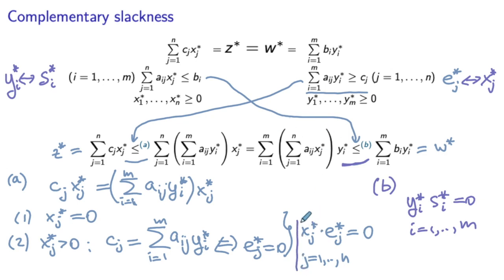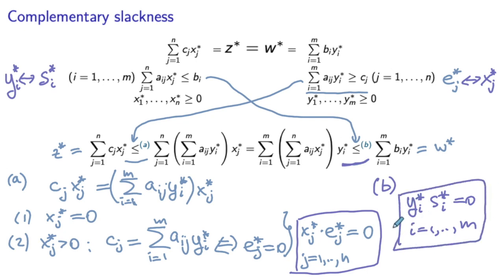So we have this and this, and in order for us to have optimality, we have to have both of these satisfied. Okay, so because for optimality we must have equalities both here and here. So if we have the optimal solution, then both of these conditions must be satisfied at the same time.